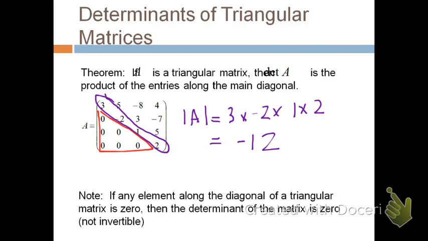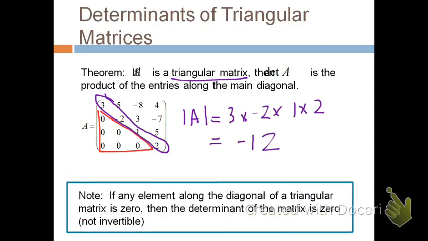If we notice early on that we have a triangular matrix, we have very little work to do to find the determinant. What happens if a 0 is one of the elements along the diagonal? Then any number multiplied by 0 gives us 0, which tells us that the matrix is not invertible.